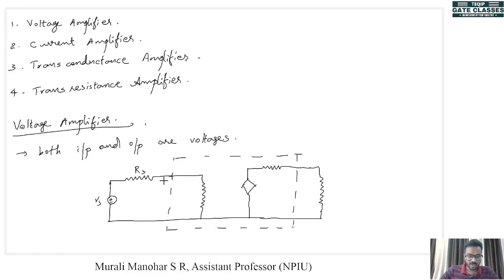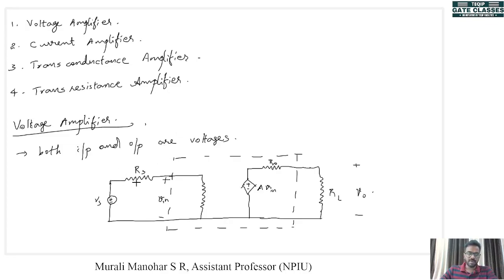At the input of our amplifier, we have plus or minus V in. So this voltage controlled voltage source will have an output of A into V in, where A is the gain of this amplifier. Here we have R out, and this is the load resistance RL, and across load resistance RL we have the V out.